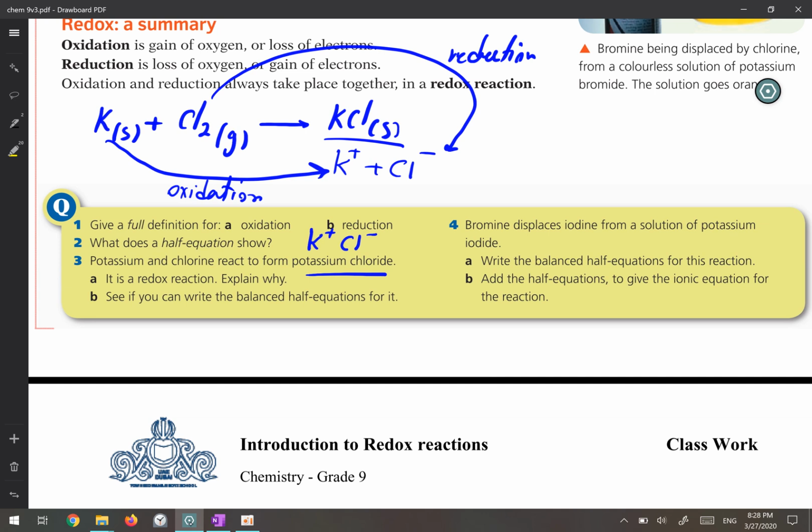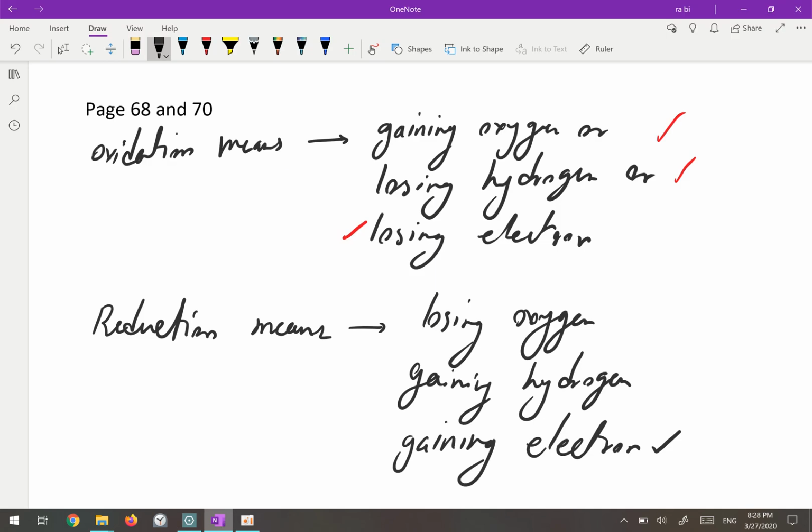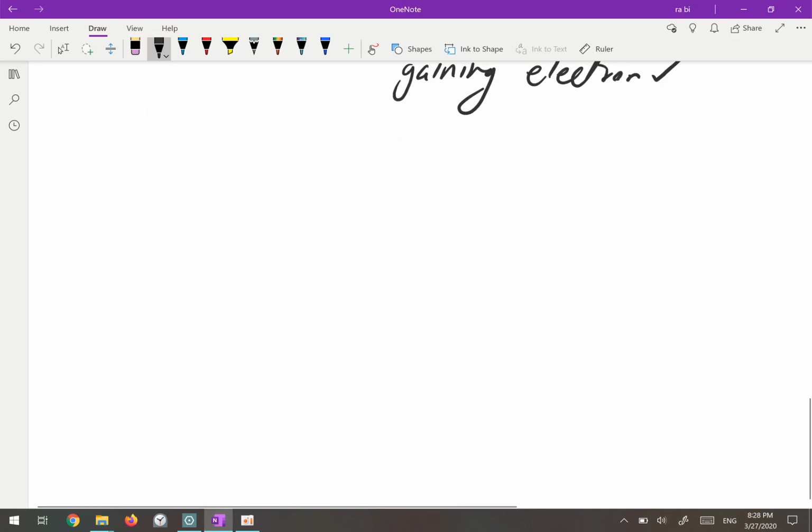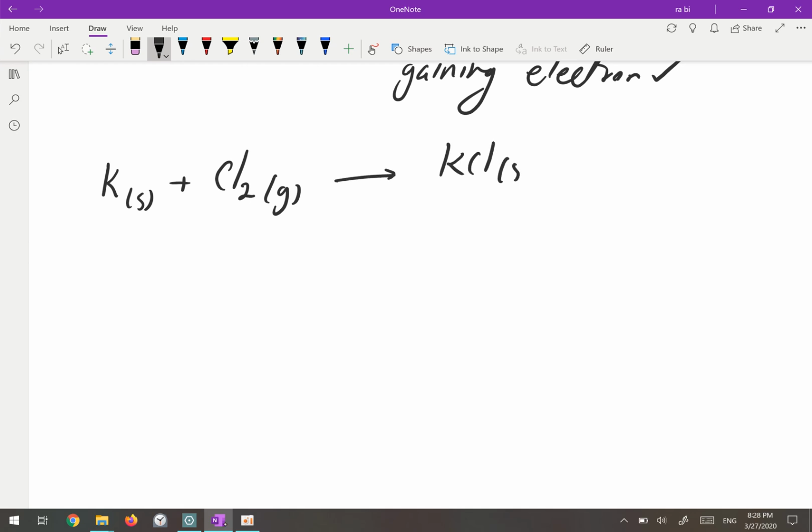Part B says, see if you can write the balanced half equations for it. Okay, so let's write the balanced half equations for this one. I rewrite the equation here. We have potassium, it reacts with chlorine, Cl2, and it produces an ionic compound, KCl.